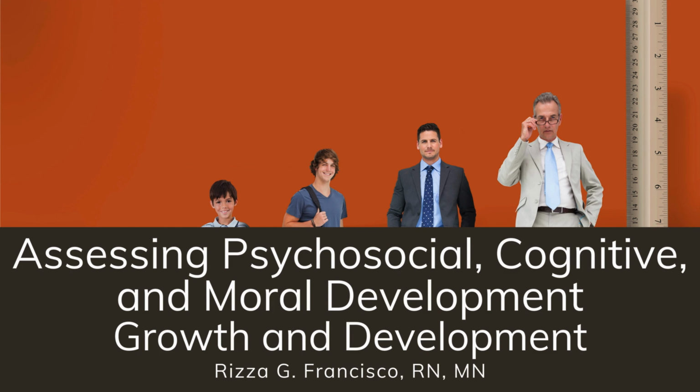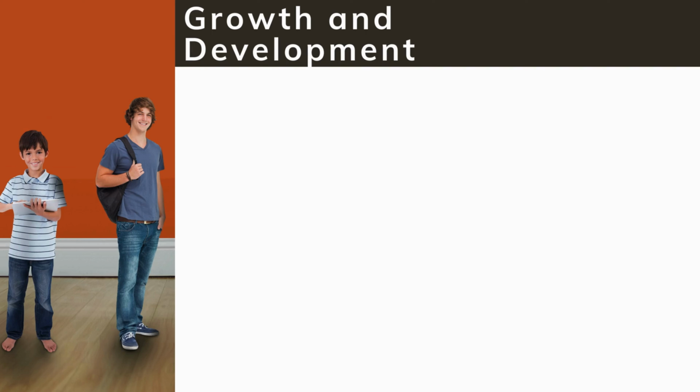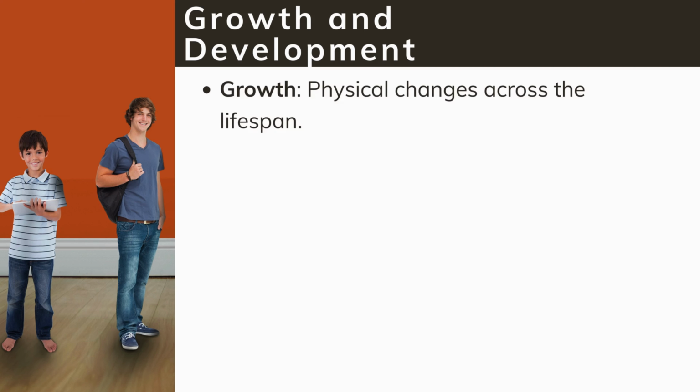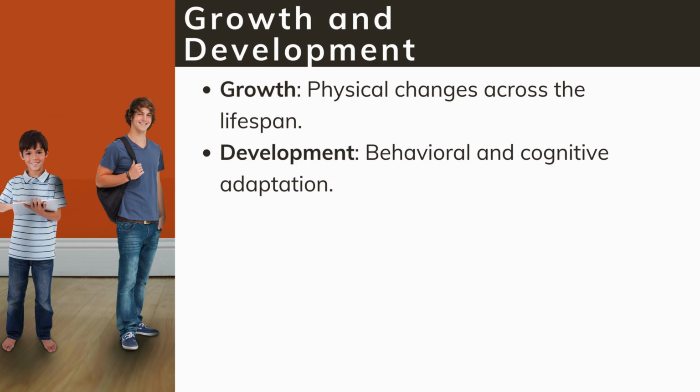of holistic nursing care. Before we go into these theories, let us first define two key terms: growth and development. Growth refers to the physical changes that occur in the body throughout life, such as increases in height and weight.